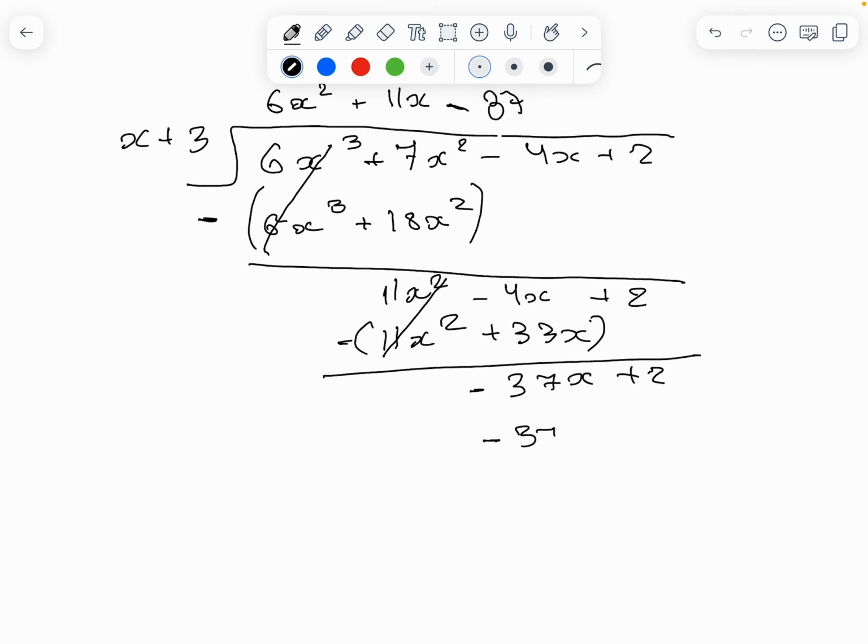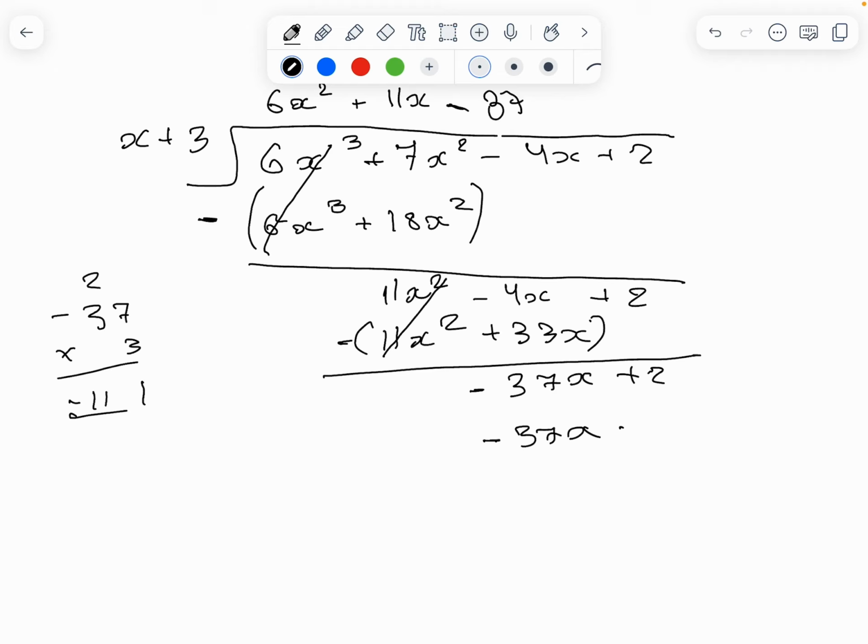That would give you minus 37x, and 3 times minus 37 would give us, let me just calculate the side, negative 111.